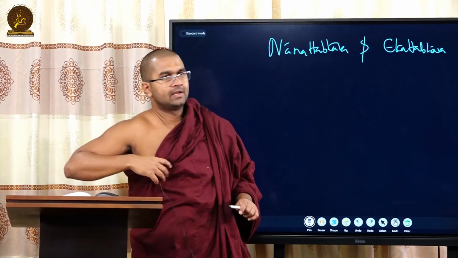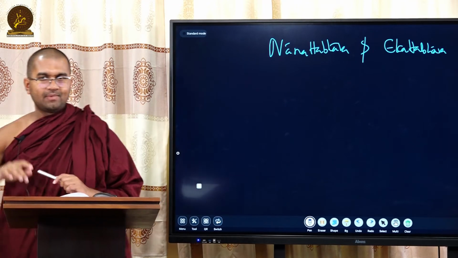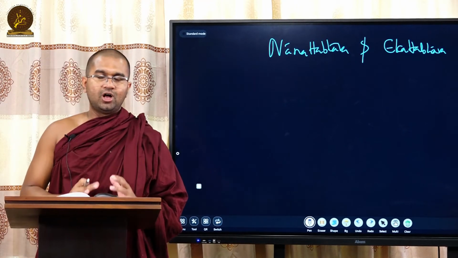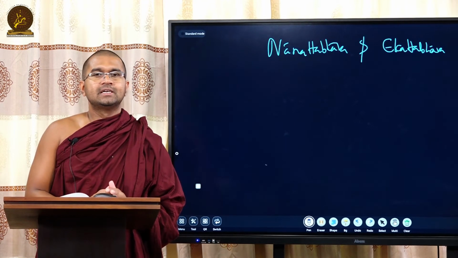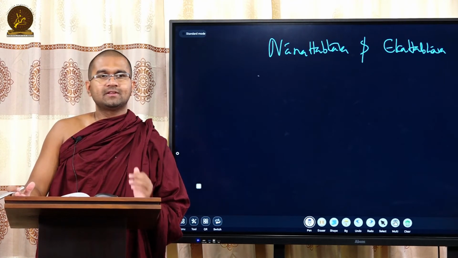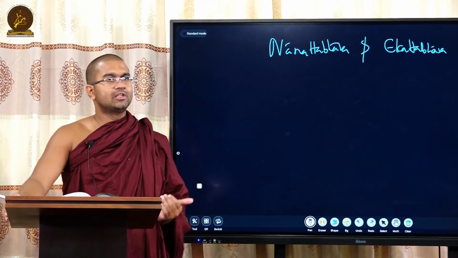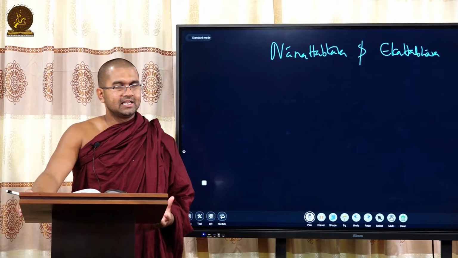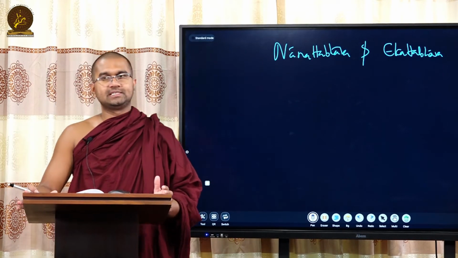So each element in the body, whether it's antarakalapiya or kalapiya, whatever, always a certain great element is different from another. Patavi can never be apo. Apo can never be patavi. Patavi is different from all the remaining three. Any single element is different from the other three. So this is called variousness.